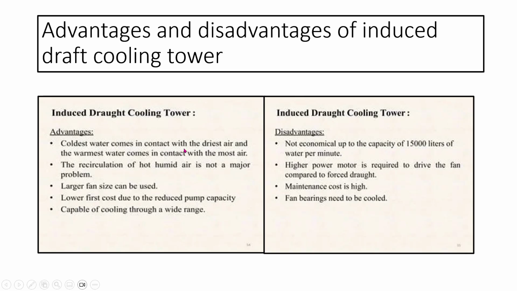So I think, friends, we have discussed thoroughly in detail the different types of cooling tower, that is natural draft and mechanical draft. Natural draft towers are very big concrete structures, hyperbolic in shape, and very tall. Their initial cost is very high.